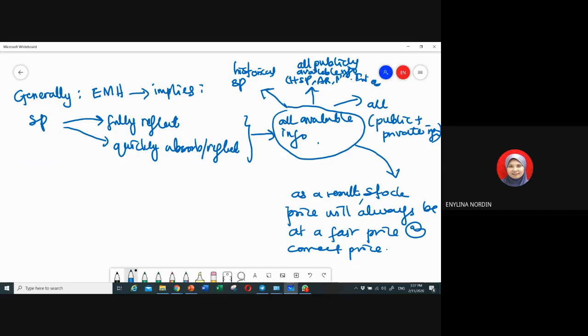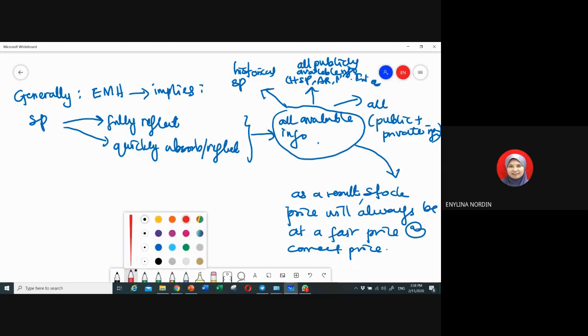Now when we want to divide the market efficiency here into three different forms, that is weak form, semi-strong form, and strong form, we will look at the types of information that the stock's price reflects. Let me show you.